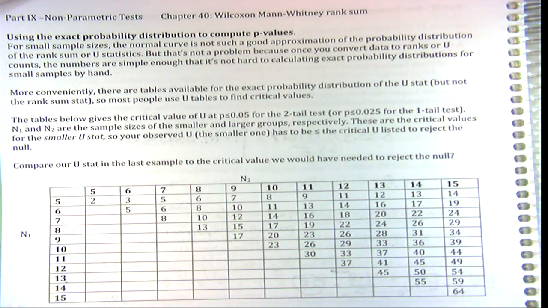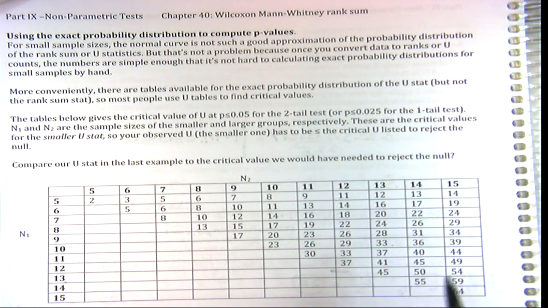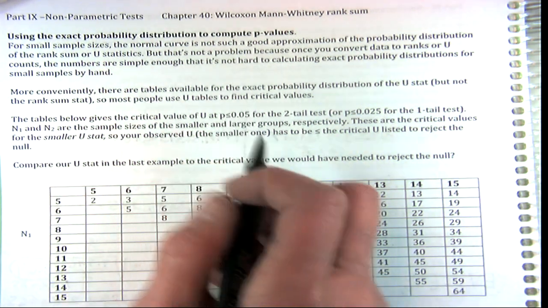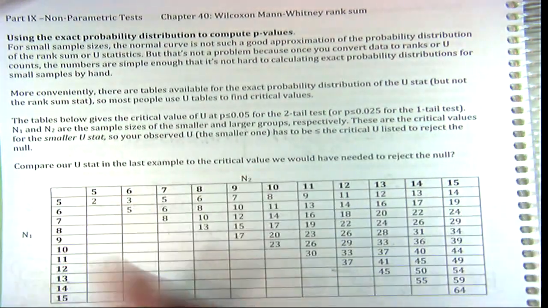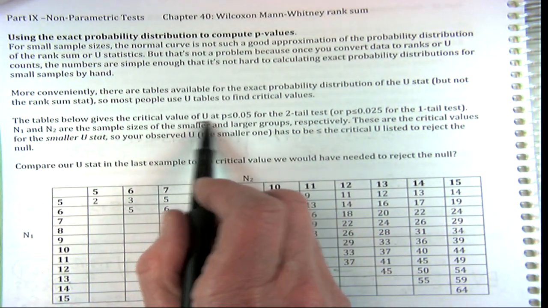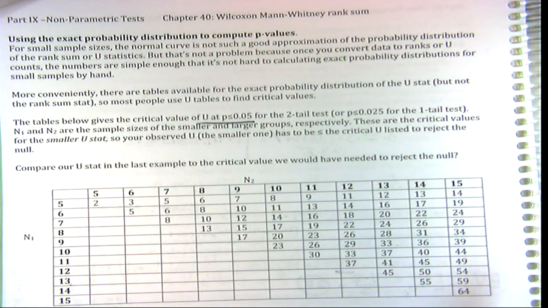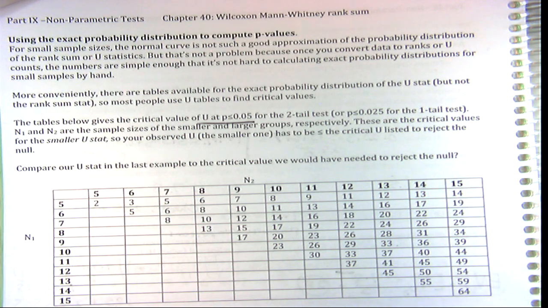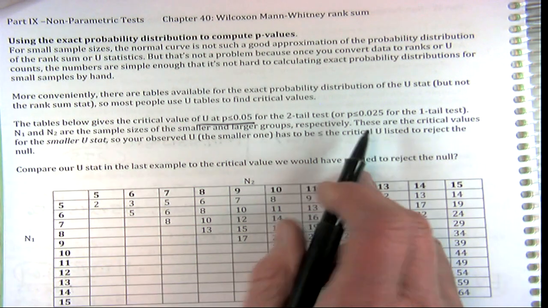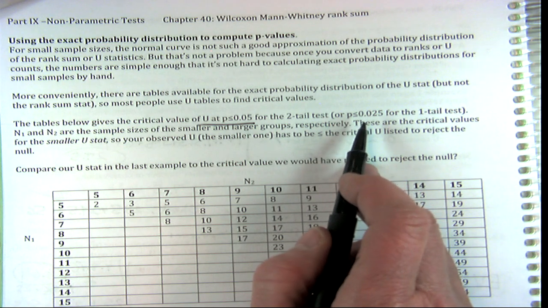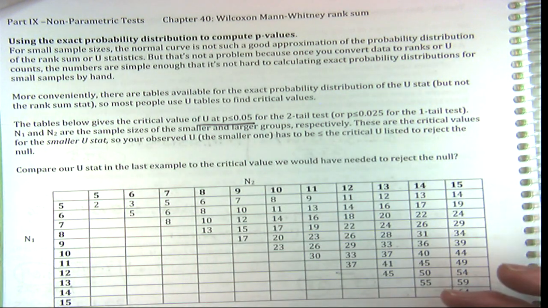All right, so now this is the table for alpha equals 0.05, and it's for a two-tail test, equivalent to 0.025 for the one-tail test.